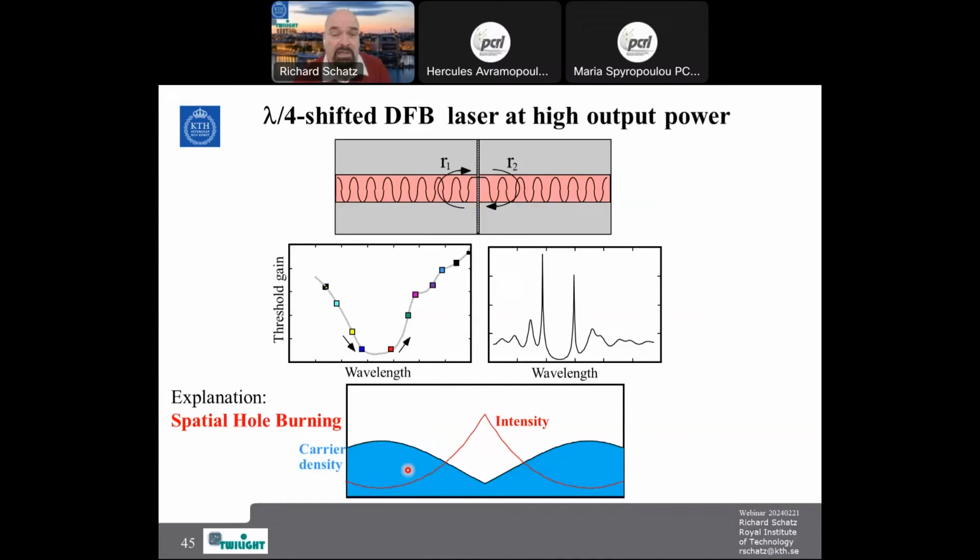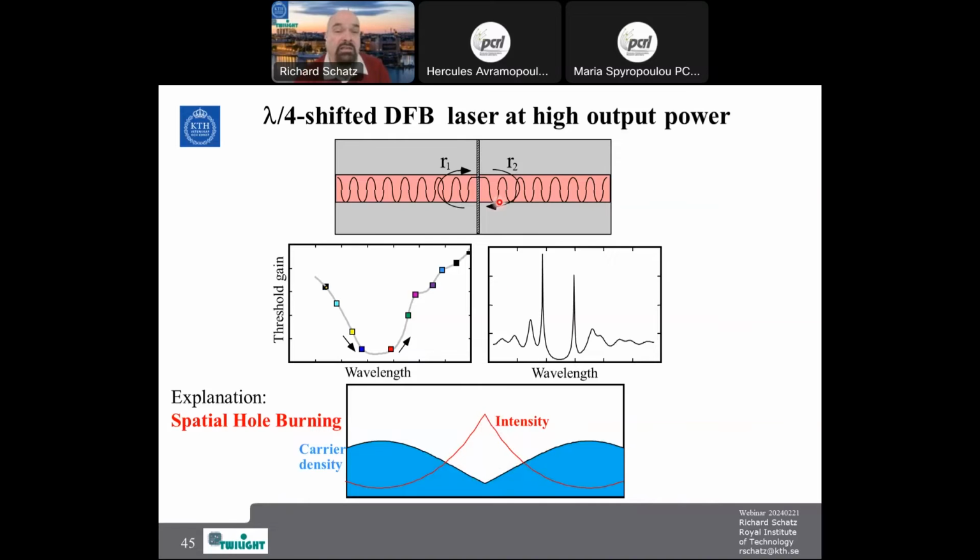And you see this peak of intensity in the middle of the laser. That means that in the middle you get a lot of stimulated recombination, which will deplete the carriers. That is the spatial hole we talk about in spatial hole burning. So in the middle of the laser, we have fewer carriers. And that means the refractive index will be higher there, because where you have low carrier density, we have a higher refractive index.